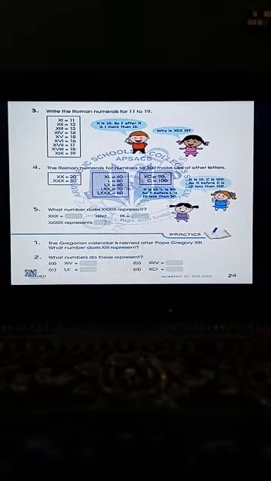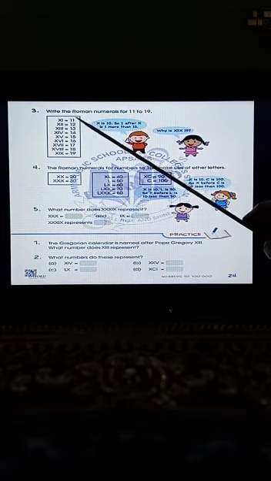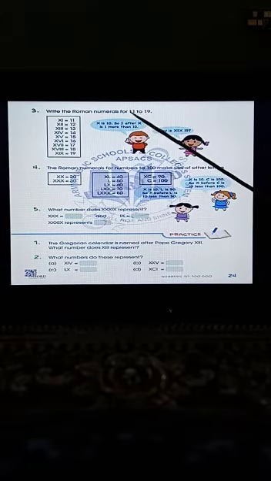So here is your textbook page. There are a few examples over here which will be very helpful for solving the practice questions. Let's discuss example number 3. Write the Roman numerals for 11 and 19. You have to use the Roman numeral symbols to write 19 and 11.